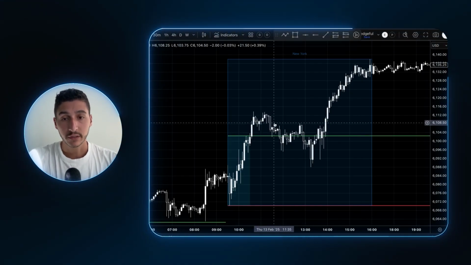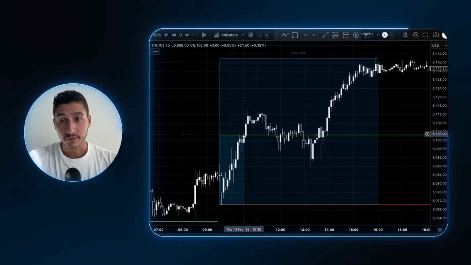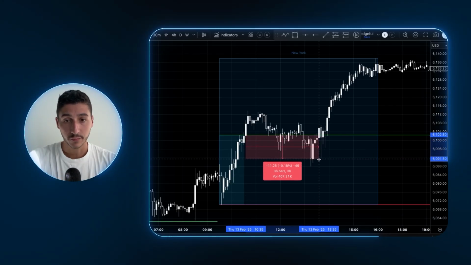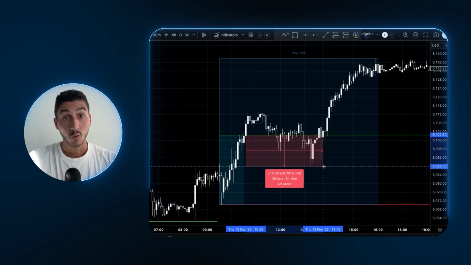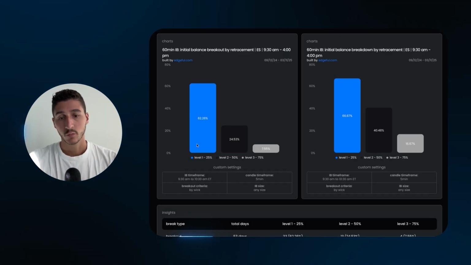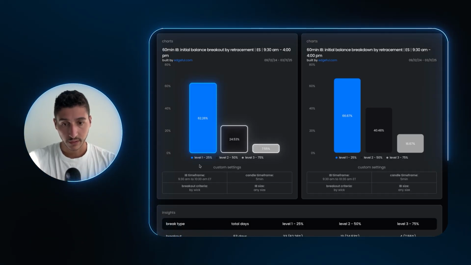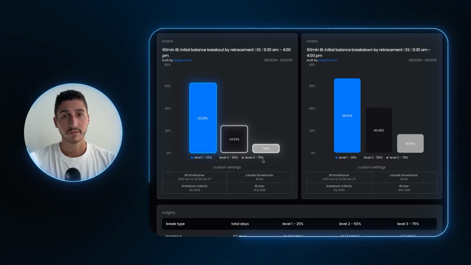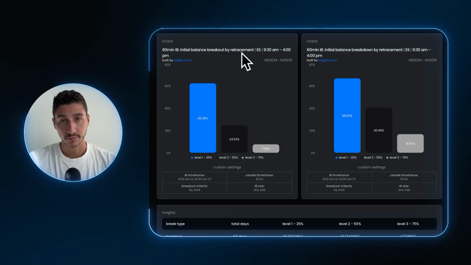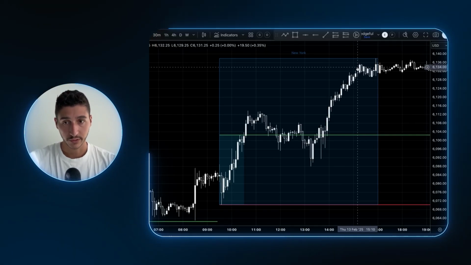And what specifically it's looking at is after the first candle breaks out of the IB, how far back into the IB will price typically go while still being a single break day. So you can see we have these three levels here: 25, 50, 75% retracements from the IB high, because this is the breakout example here.